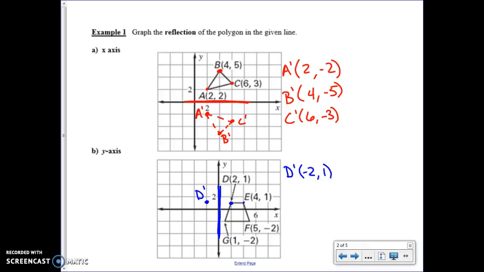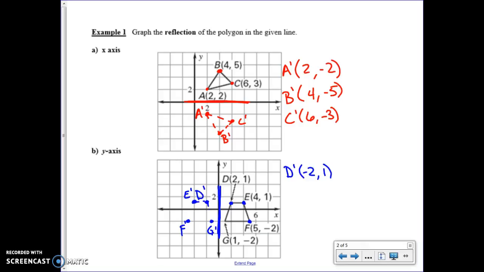E is 2 boxes away. Since we're counting by 2s, it's 4 over, so we're going to move 2 boxes in the opposite direction of that line. F is 5 away, or 2.5 boxes, so we'll move over 2.5 boxes. And then G is 1 away, or half a box away, so we'll call that G prime.